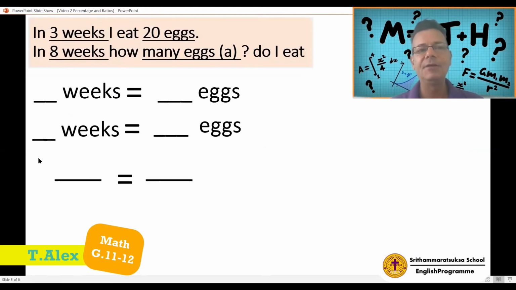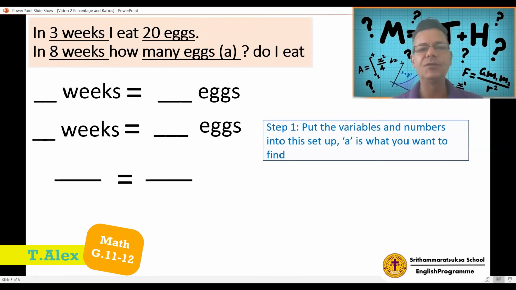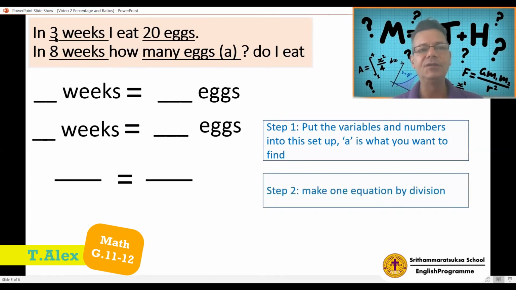So, here is a question for you. In 3 weeks, I eat 20 eggs. I would like you to see if you can work out how many eggs I will eat in 8 weeks. You will need to put these numbers into this equation and then follow the same method.